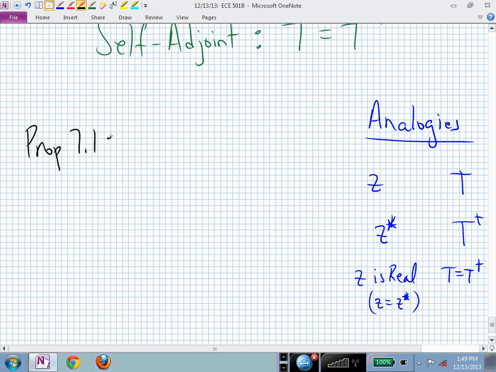Proposition 7.1 says if we have a map that's self-adjoint, if T is self-adjoint, what do we know about the eigenvalues of that map? They're all real, aren't they?